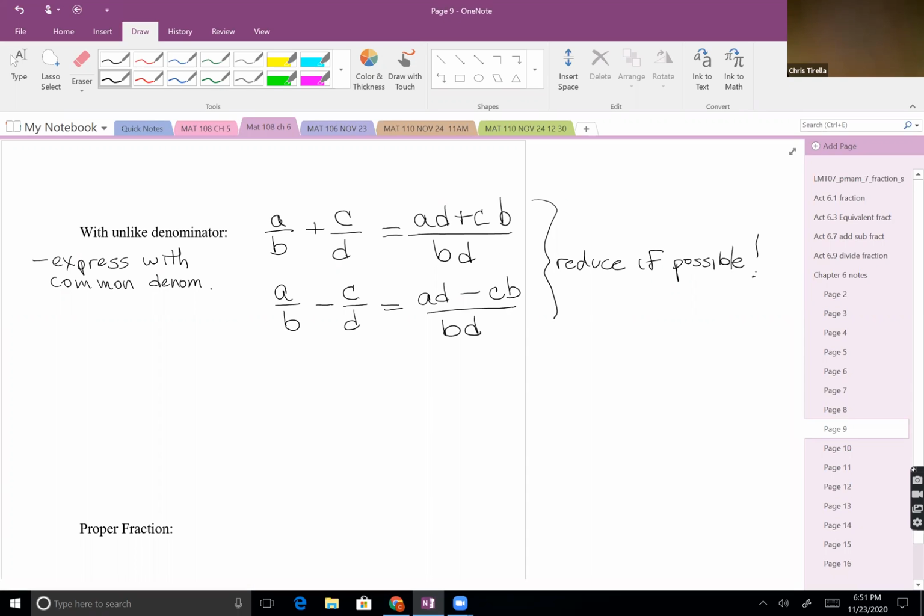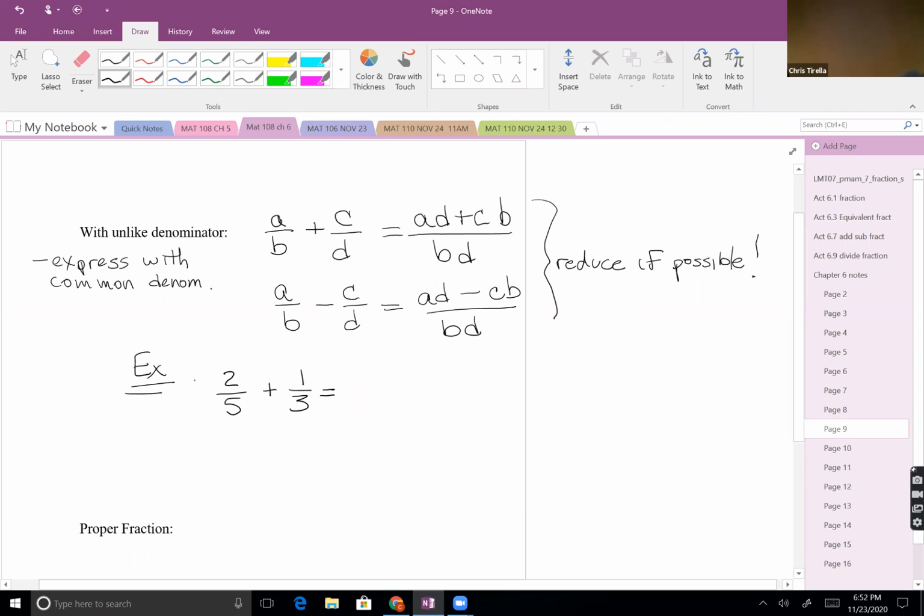So let's look at some examples. Let's look at two fifths plus 1/3. And so again, we'd want that common denominator, which would be 5 times 3, or 15.